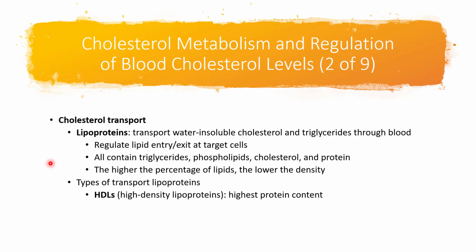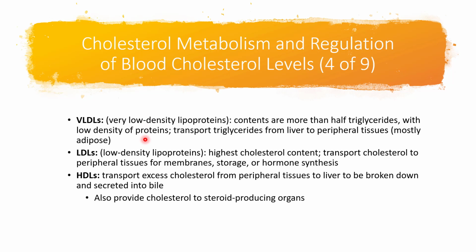So the types of transport lipoproteins: first, you have your high density lipoprotein. You have your very low density lipoprotein. These are more than half triglycerides with low density of proteins, and transport triglycerides from the liver, mostly to adipose.